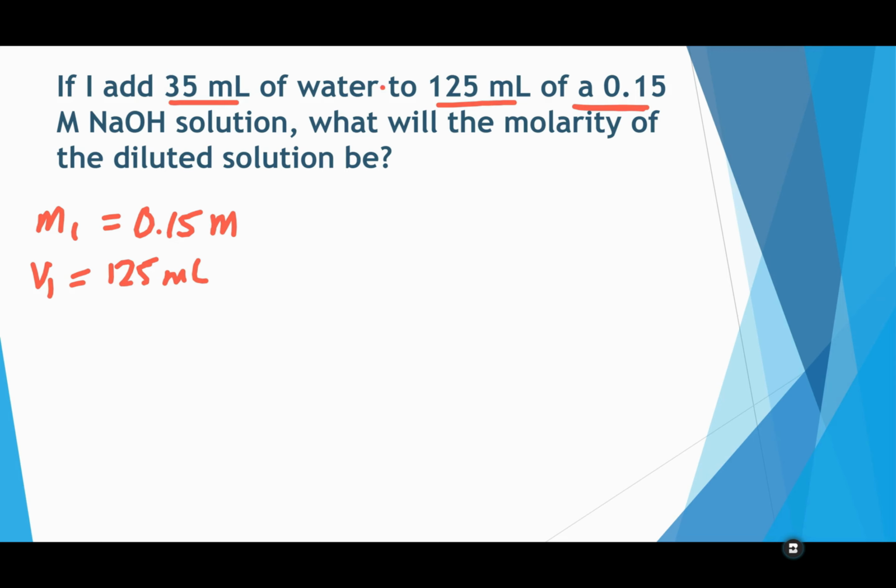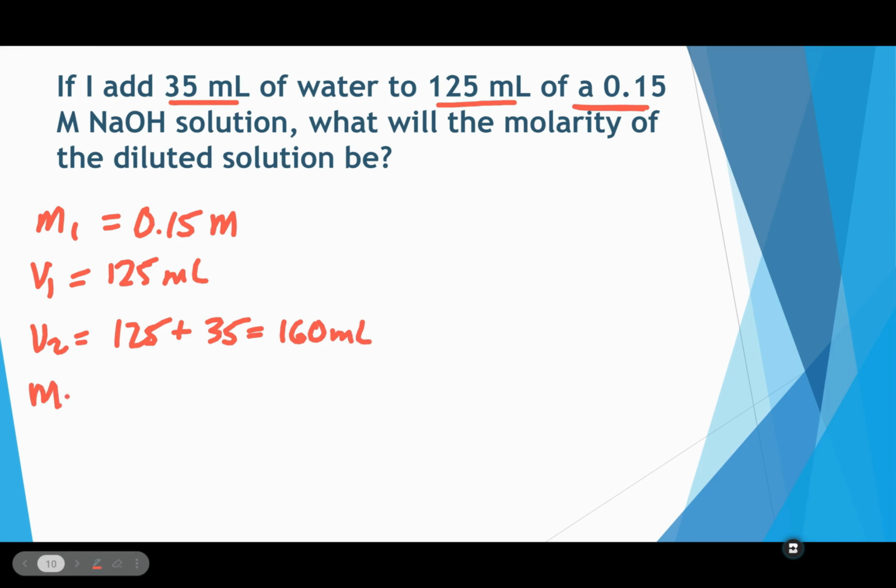I'm adding 35 to that, so my V2 is 125 plus 35. That's going to be 160 milliliters. What is my new molarity?